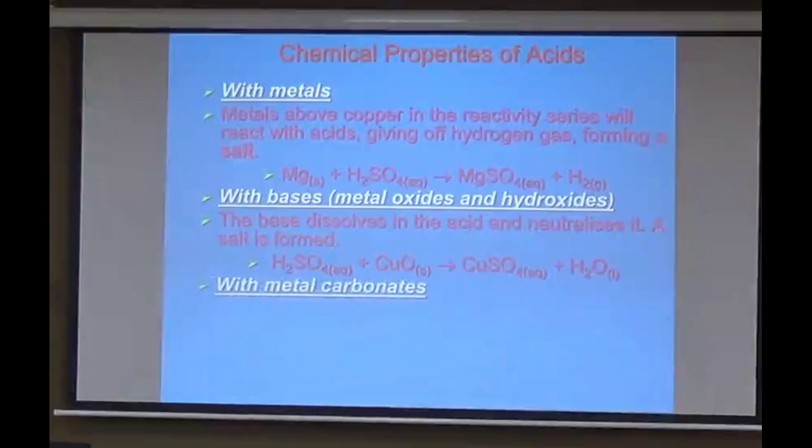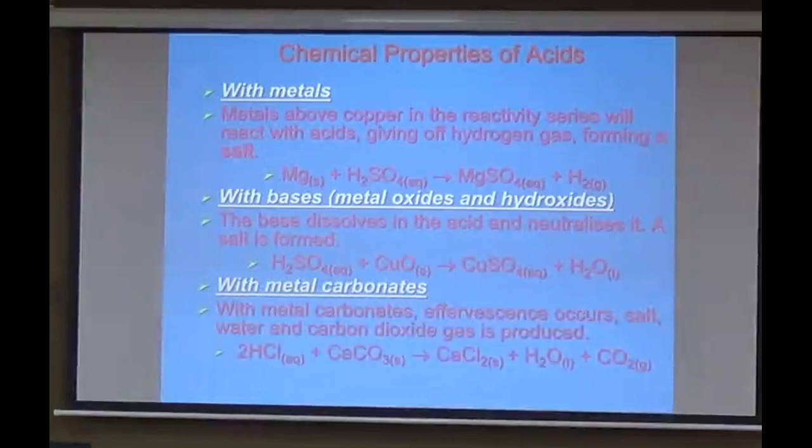Now, the next reaction which they have given of acids is with metal carbonates. Acids react with metal carbonates to result in formation of carbon dioxide gas. So as soon as you add acid to any metal carbonate, we see that effervescence occurs, and along with it a gas is produced.